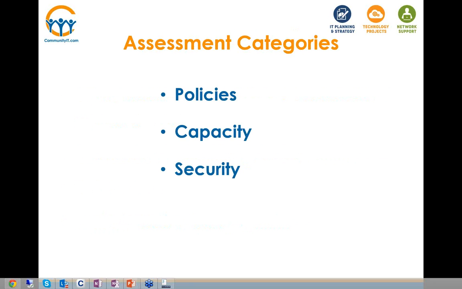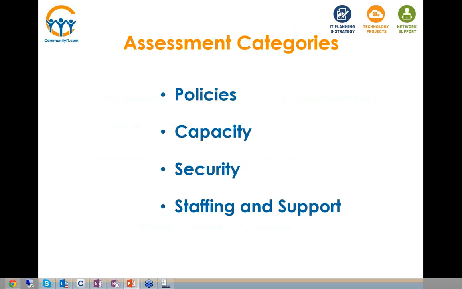And then finally, don't forget staffing and support. That is also a critical part of any IT system. IT does take some amount of effort to keep it running, and you want to make sure you have some support system in place for responding to staff requests and keeping the network functional.